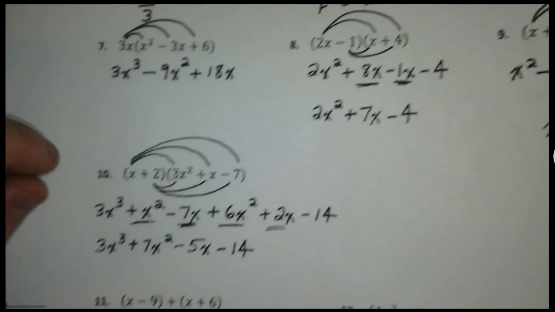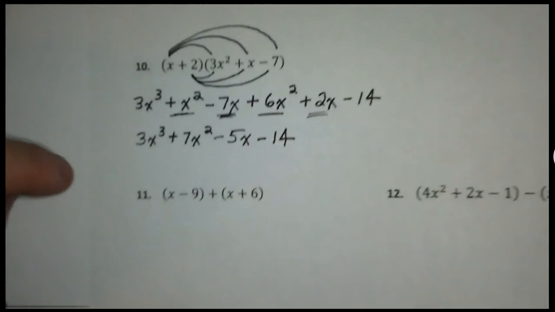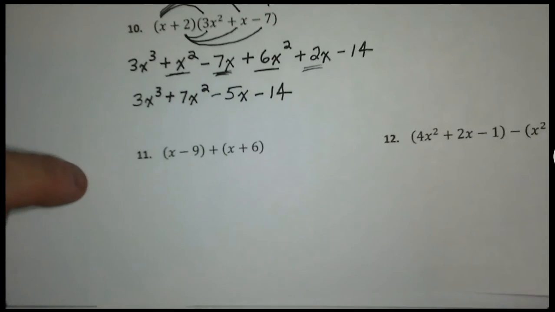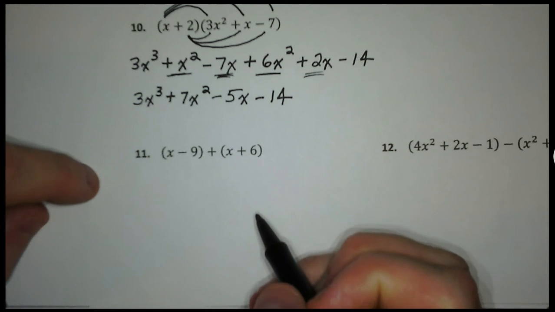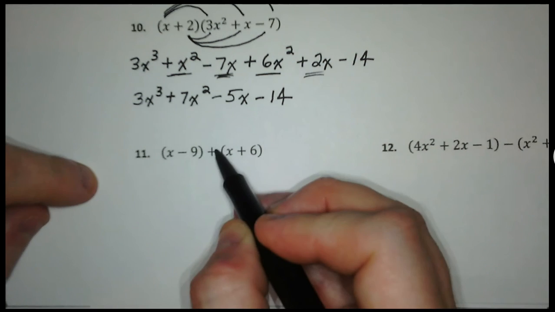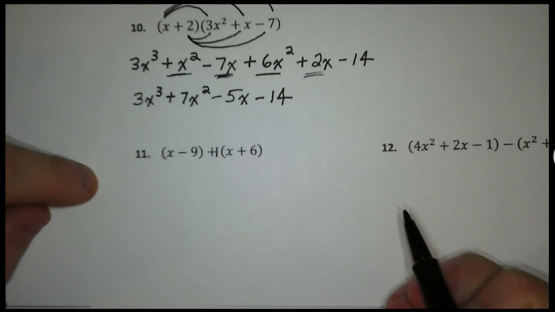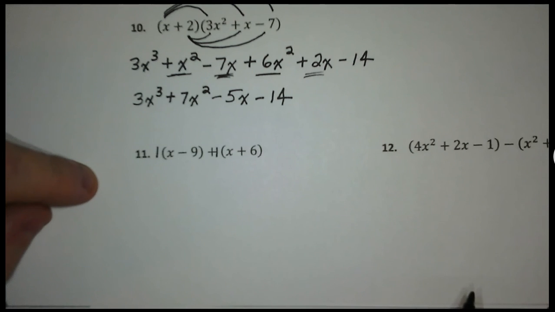Number 8 is not the same type of deal as number 11. You're adding these two bubbles of terms together. If there's any distributing to do at all, it's like a positive 1 out in front of that bubble, and maybe even a positive 1 out in front of that bubble. That's the only distributing that you would technically do.